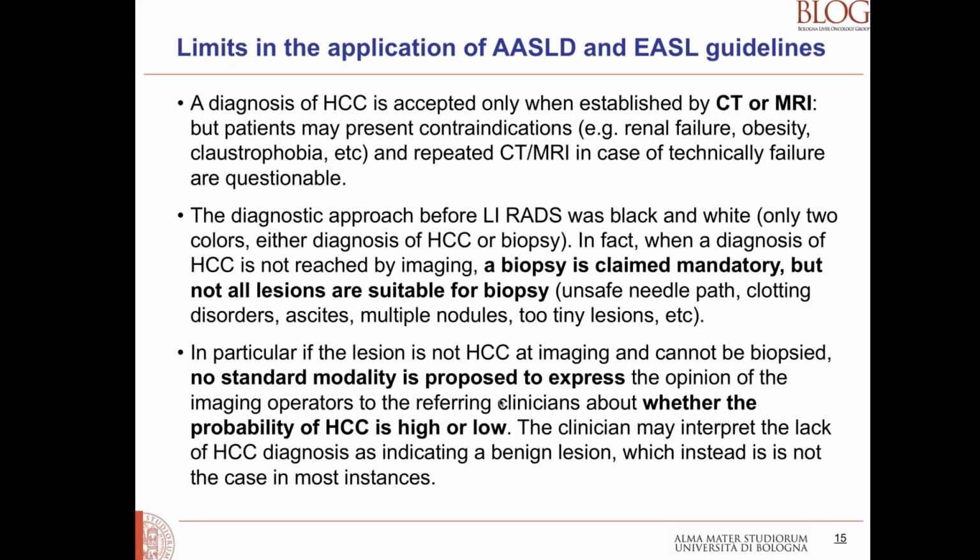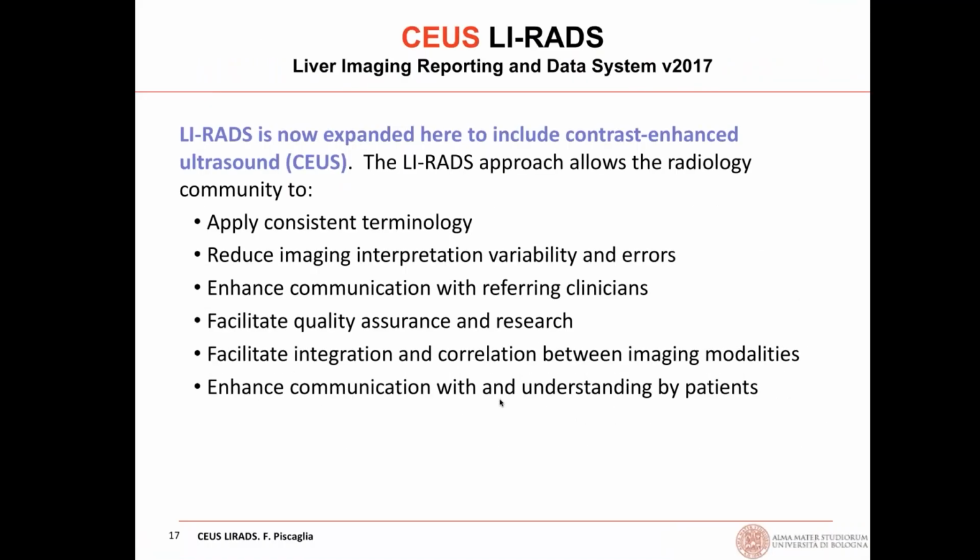It is different if you say this is not an HCC, but is a class at high or medium risk of being an HCC. So the clinician knows that there is a risk of HCC, even if the criteria for diagnosing hepatocellular carcinoma are not fully met. So to me, it was very clear that there was a need for some grading system of the risk of HCC.